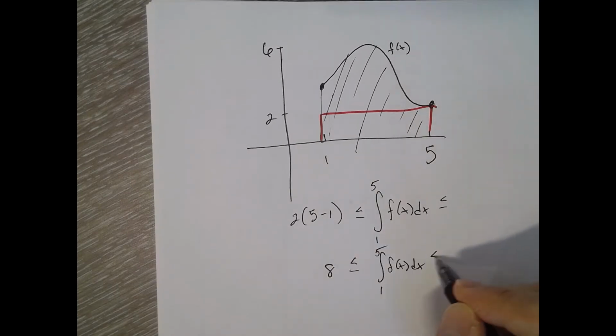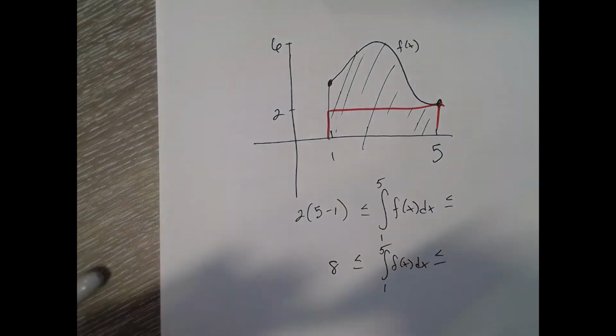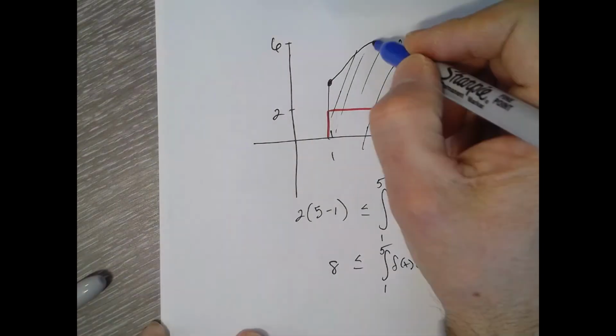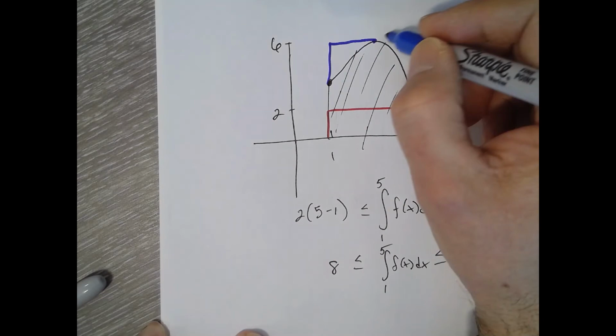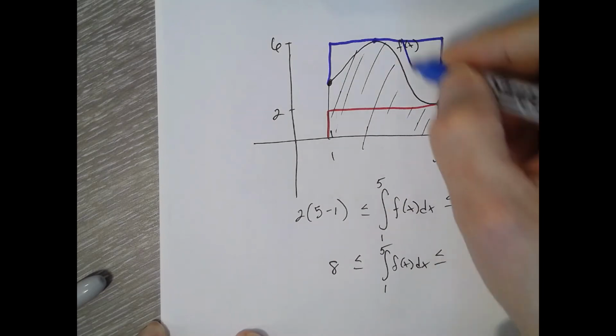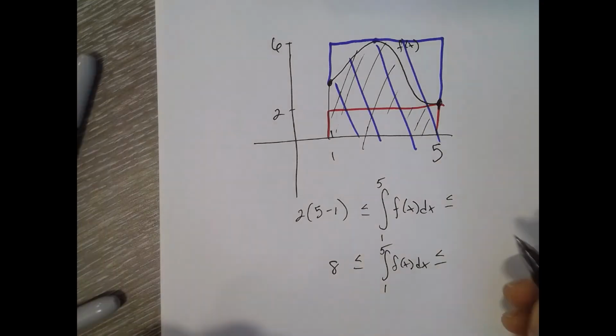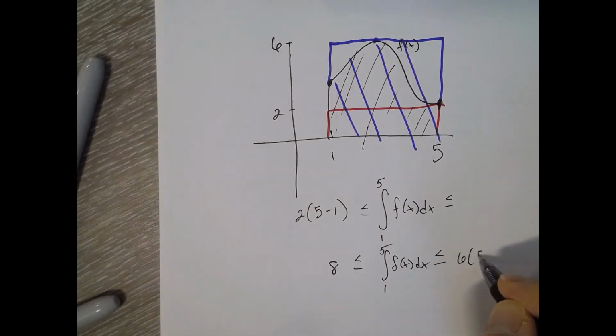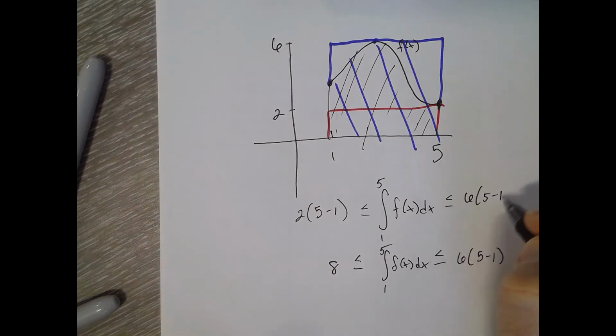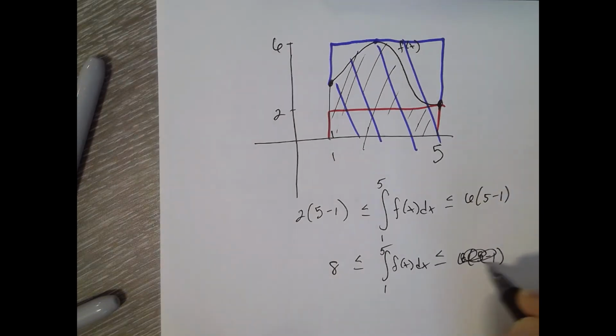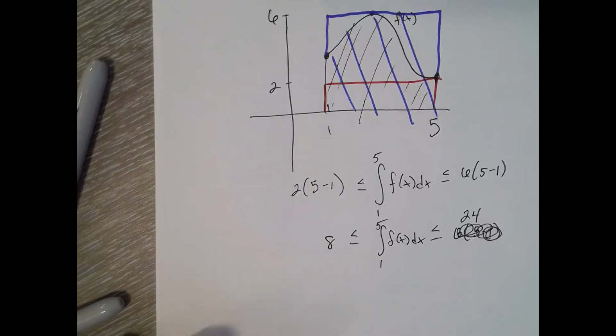And it's got to be less than or equal to the rectangle if it was the maximum value the whole time, which is our maximum, 6 times b minus a, which is 4. So that's 24. And that would be your max-min inequality.